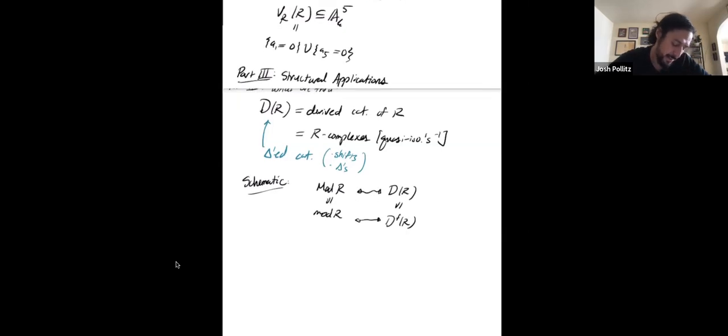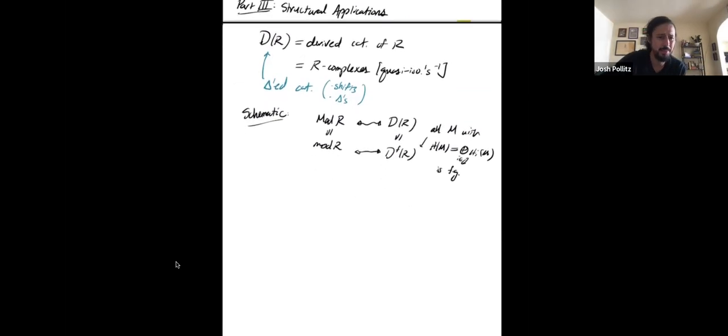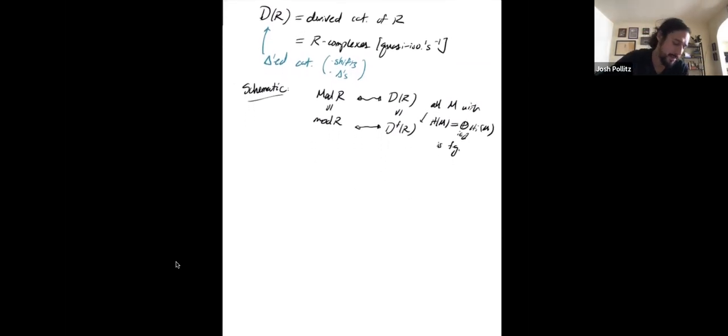It's supposed to be analogous to studying finitely generated modules, and it contains all complexes M such that when you look at its homology, it's finitely generated.